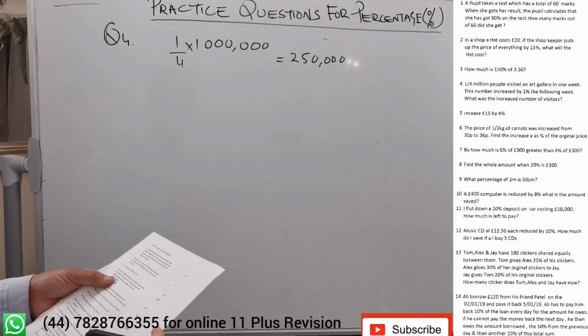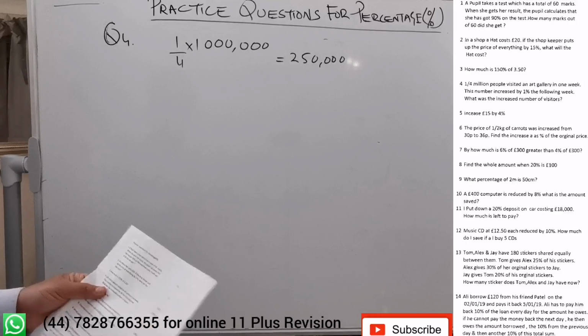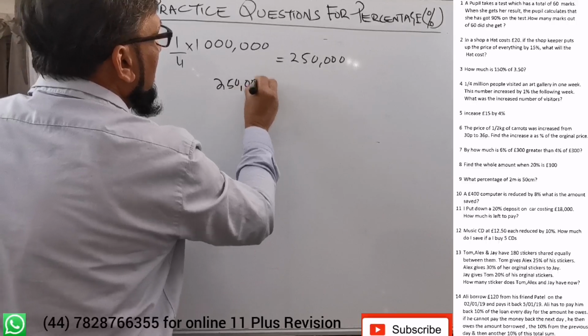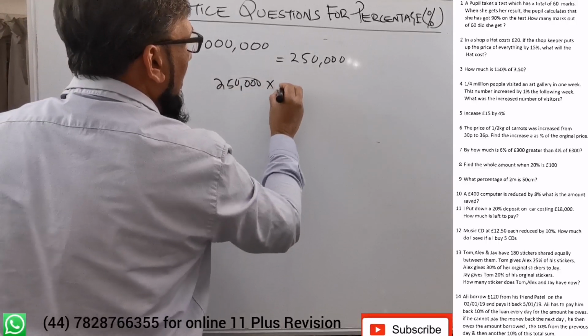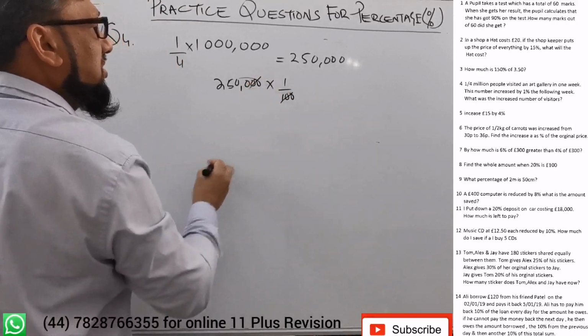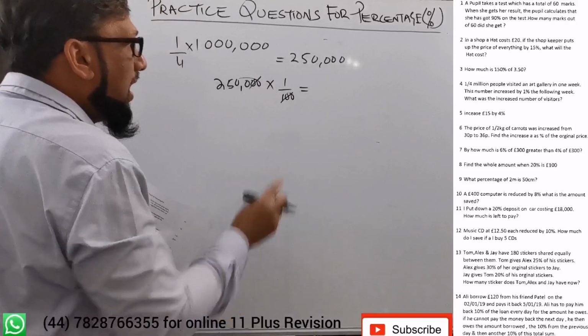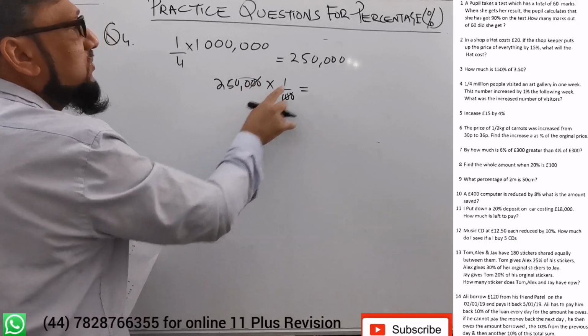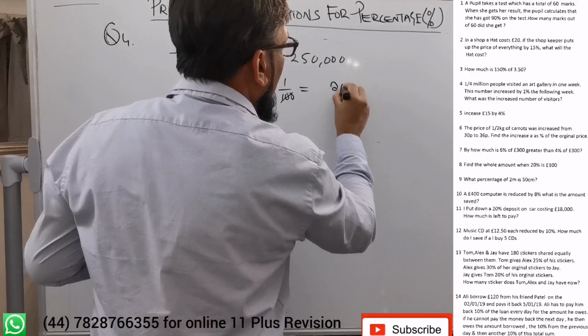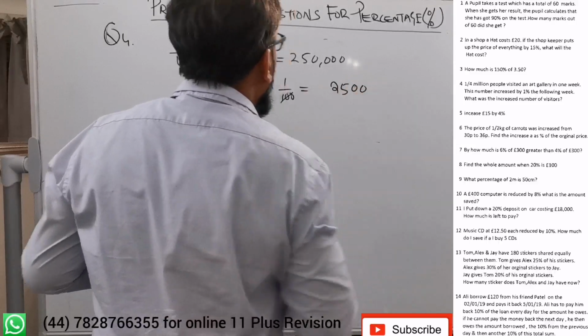Now they say the visitors increased by 1%. So 1% of 250,000. 1% means 1 over 100. This 0 cancels with these 2 zeros. So the number of visitors increased will be 2500.